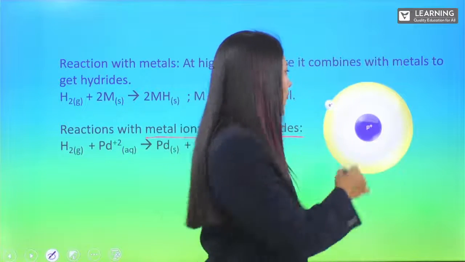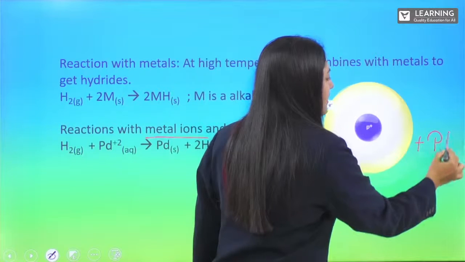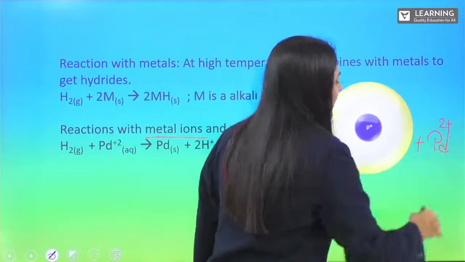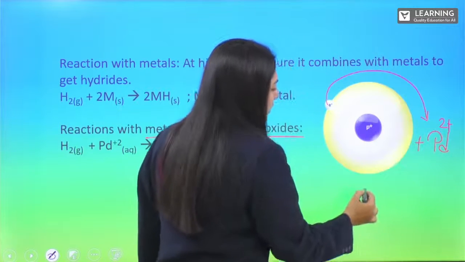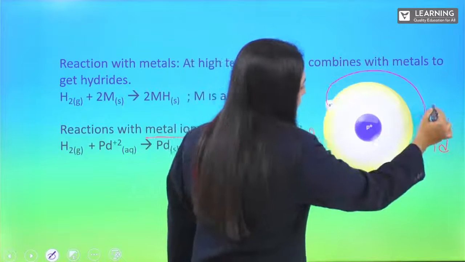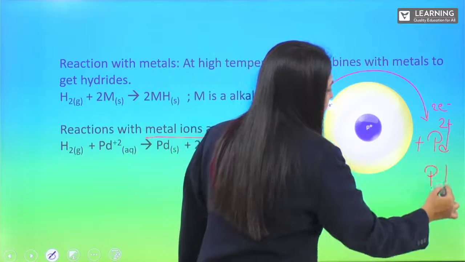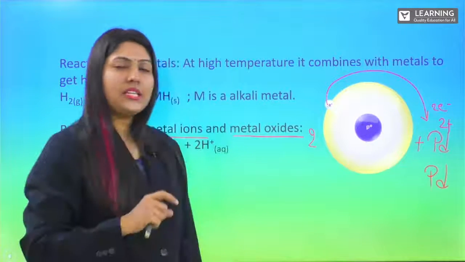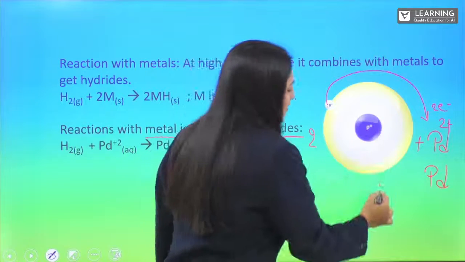As it has only 1 electron, for example if I have Pd2+, this electron will be donated to Pd, and I'll take 2 hydrogen atoms. So 2 electrons can be given to palladium. So Pd2+ becomes Pd, where H becomes H+.